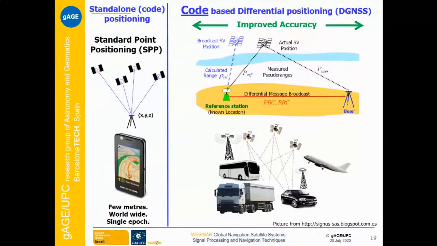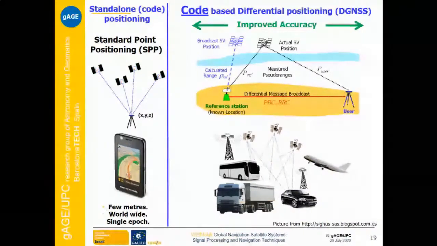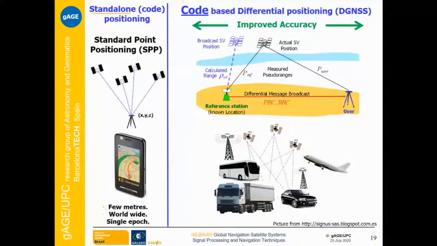That is the typical and very common positioning that everyone is used to have on the phone, on the car, and so on. The accuracy is a few meters, the coverage is worldwide. We can do this standard point positioning everywhere, even in the middle of the ocean, and it's single epoch.